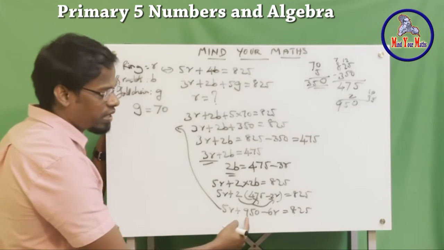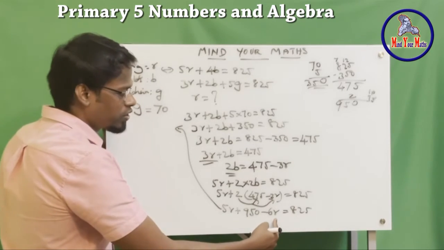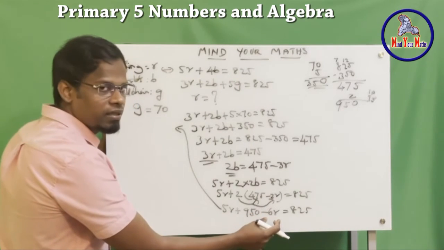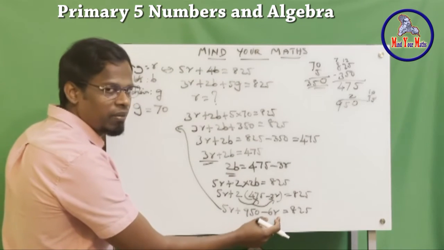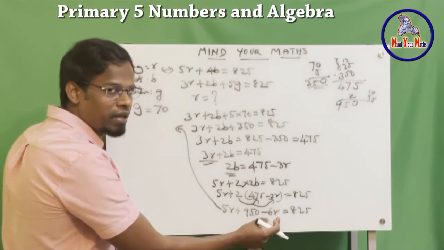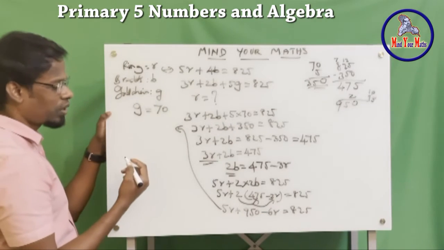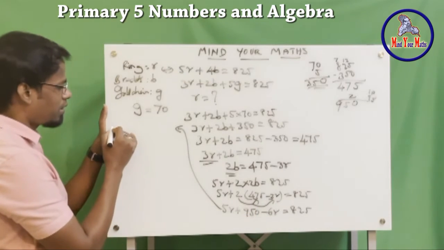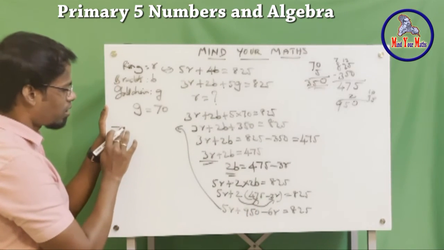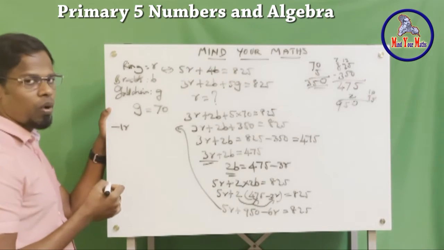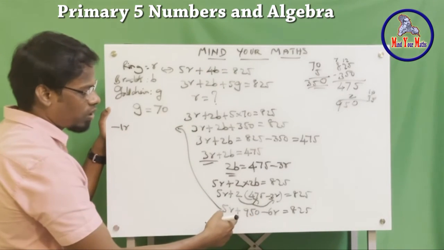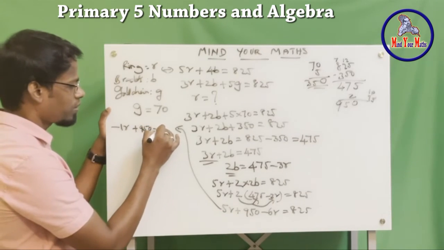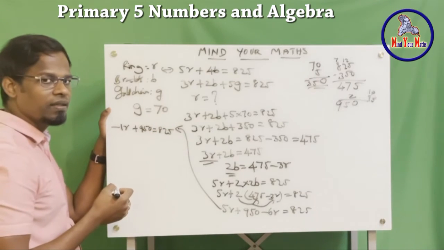5R is a positive number, there is a negative R, which means if we add them together, what we do? We just subtract the smaller number from the bigger number and use the bigger number's sign. So 5R minus 6R is negative 1R, and then we have plus 950 equals 825, right?